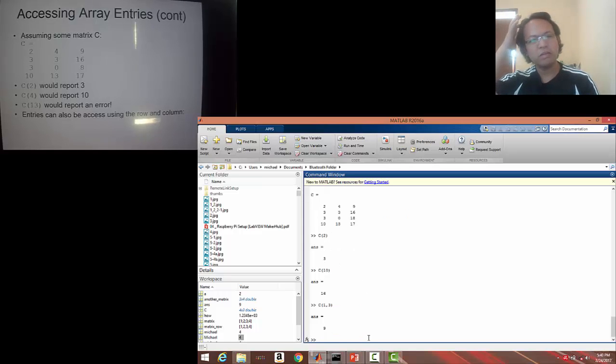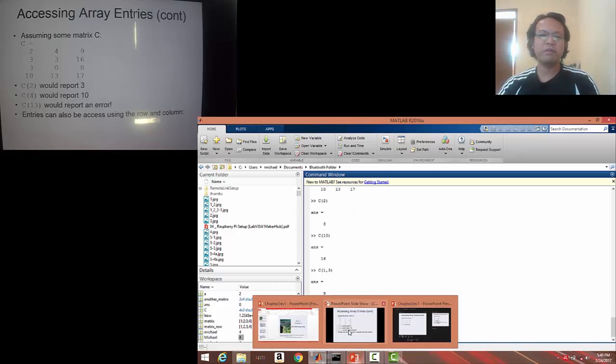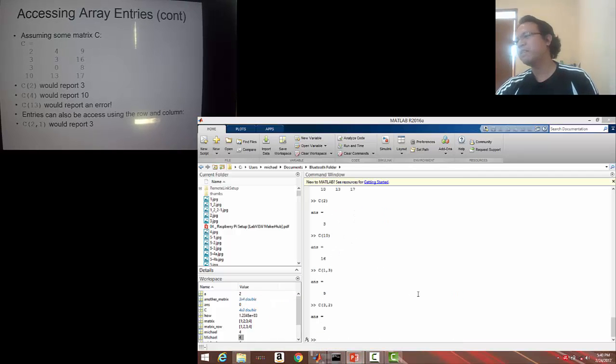Hit enter. Okay. If I say C3, 2, third row, second column. Okay, so that is the element. It's a value. So we will see from the slides. C21 would report 3. Is that correct?